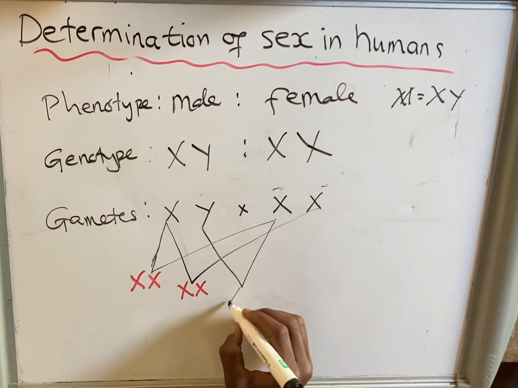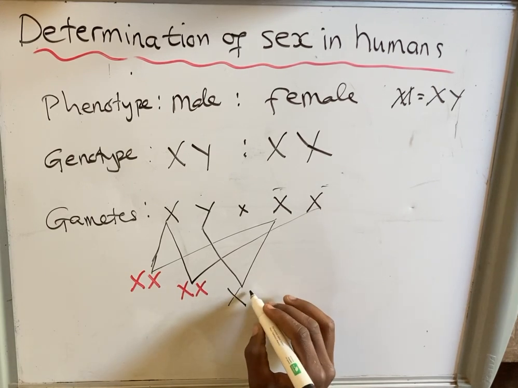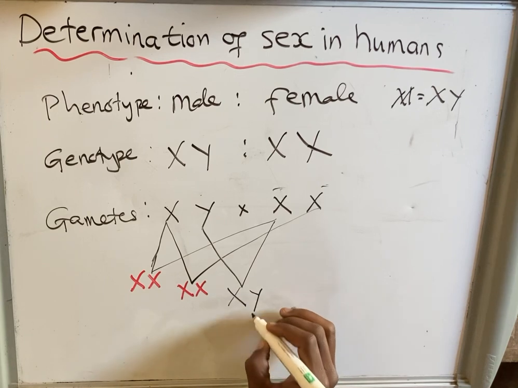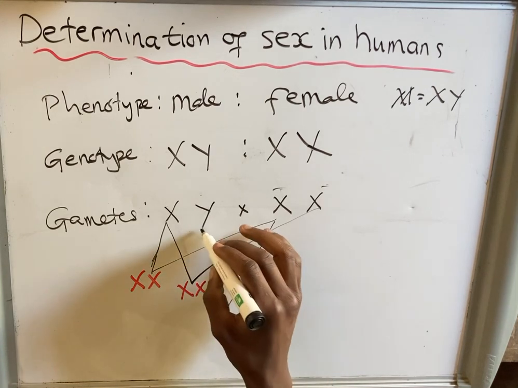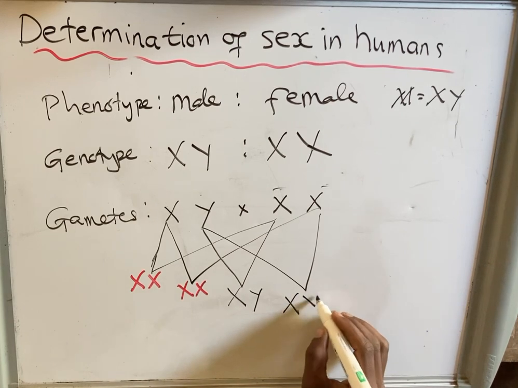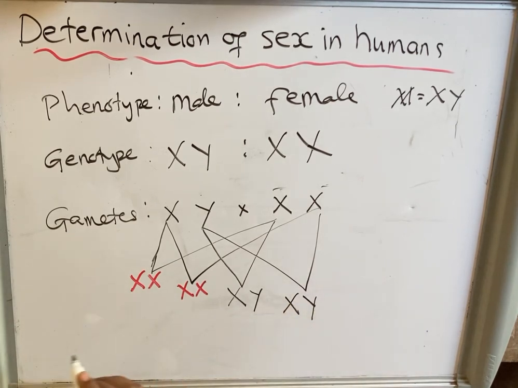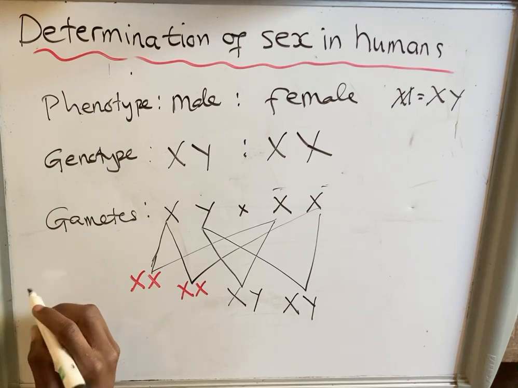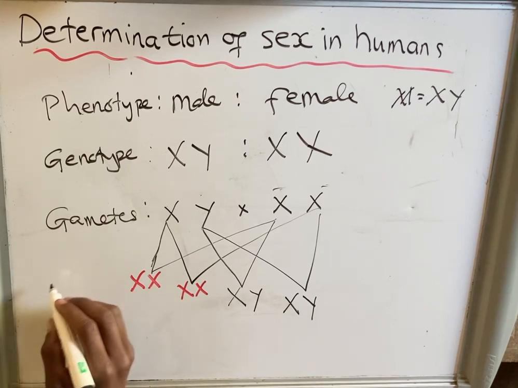So we have the X chromosome, then you are going to have the Y chromosome. Now the same Y can still multiply with the other X there. We have X and the Y chromosome. So what we have just shown here is the genotype of the F1 generation.